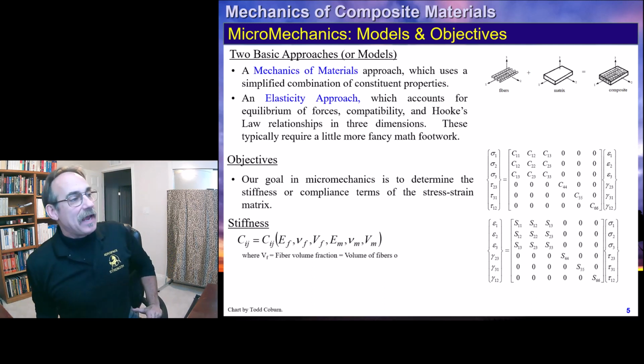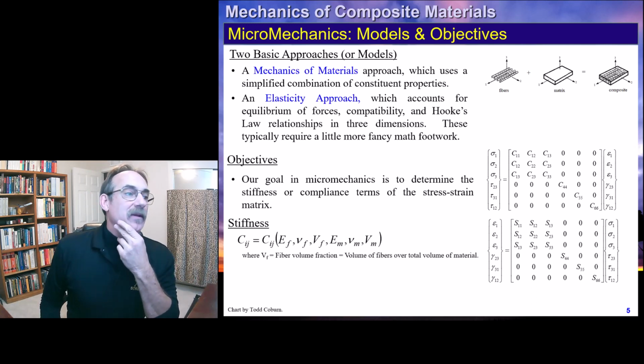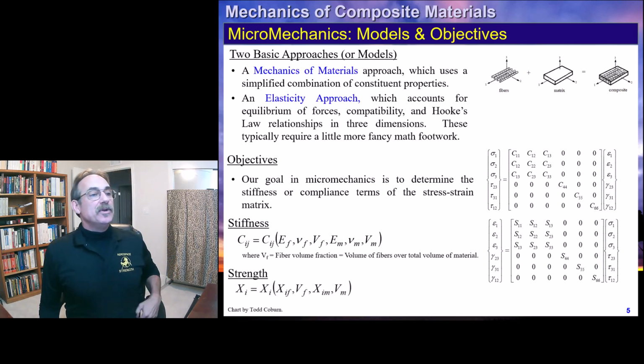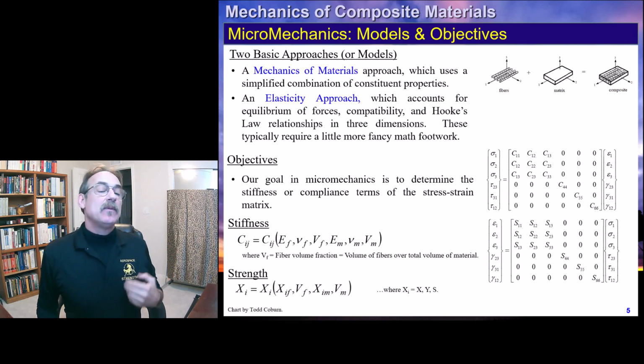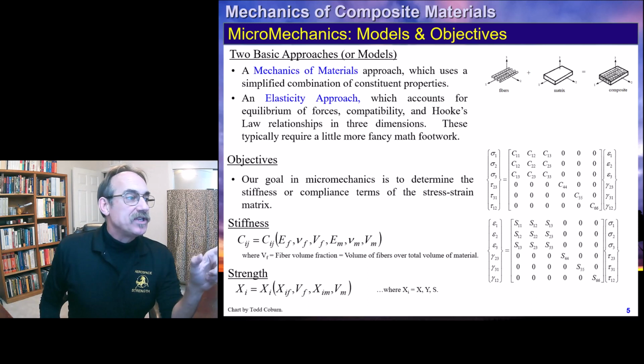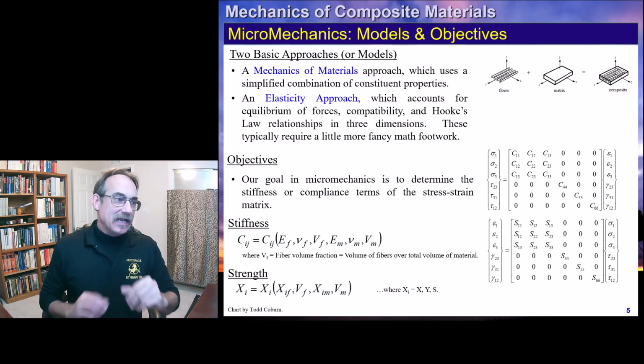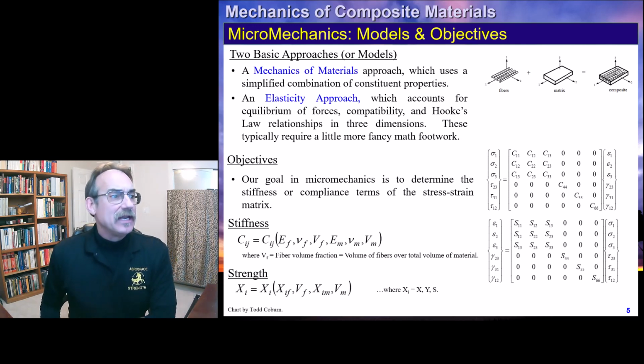We could write it mathematically, saying that each of these constants is a function of all these other variables, where V sub F is the fiber volume fraction. We can do this on a stiffness basis, and we can also develop the strengths as well. This is using Jones nomenclature, which uses a capital X and Y for the allowables, where we used a capital F, but we're going to talk about that next lecture anyway.